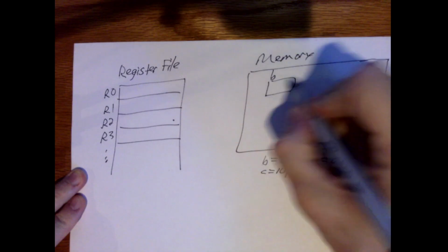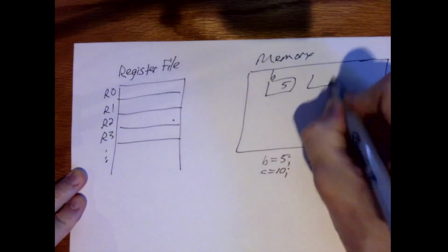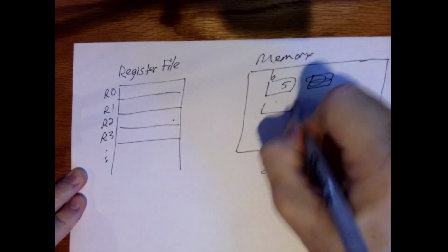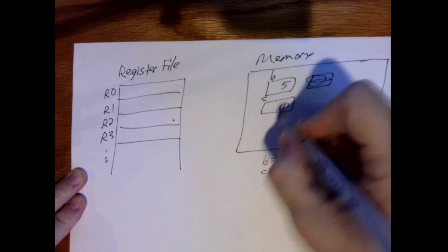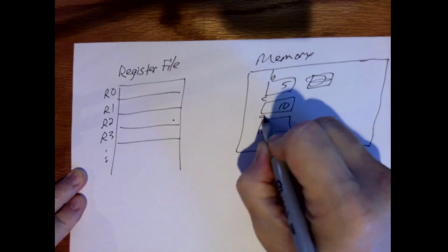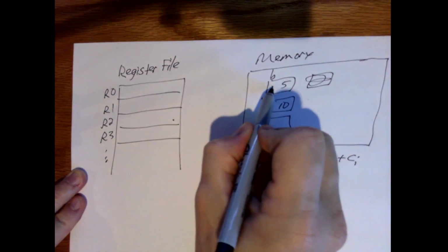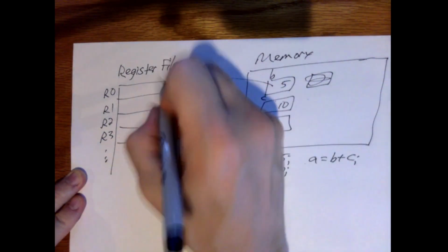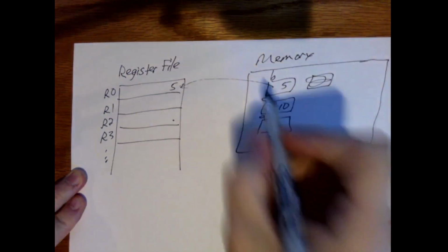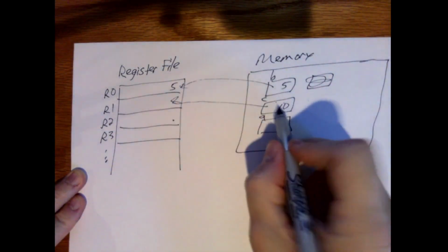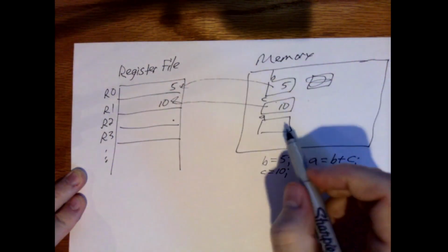We have B here with value 5, and let me put it right here to make it easier. C here, we'll say 10, and we want A to store the answer. So we have to load what's in B to a register, and load what's in C to a register.